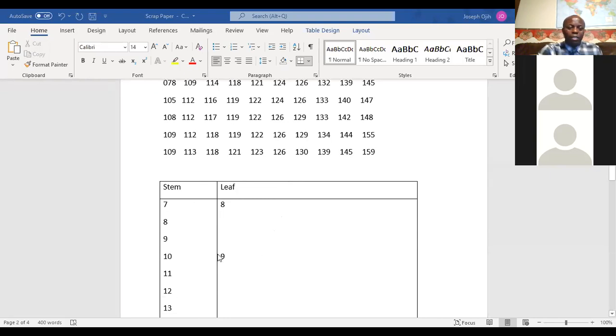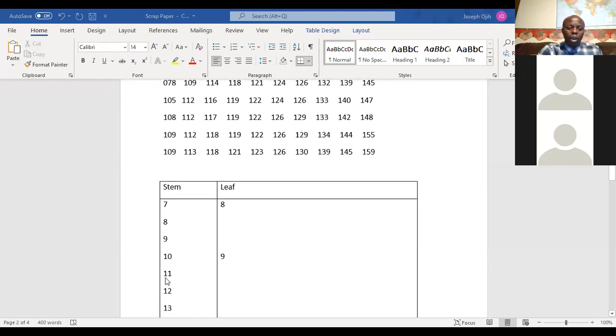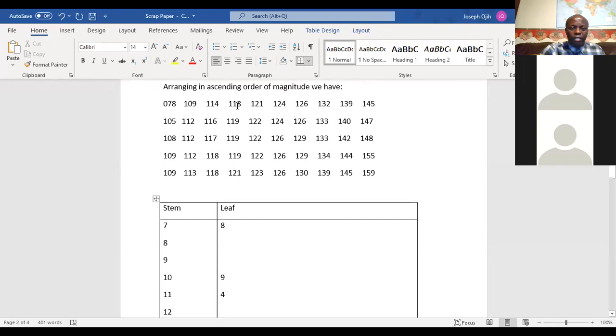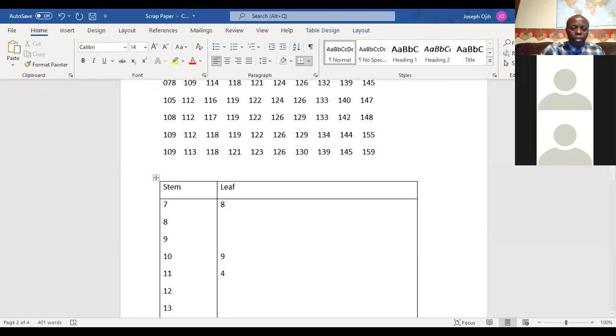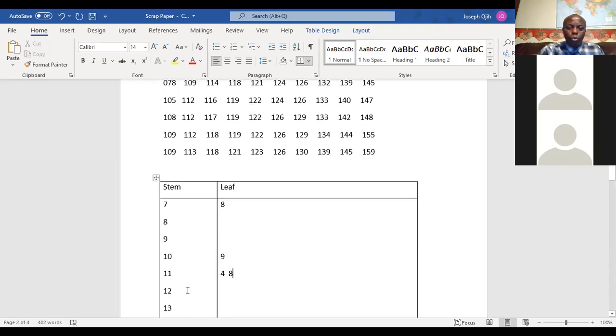Exactly. Okay, so next is 11, 114. See 1, 1, put 4 right here. Then the next is 118. I usually give 2 gaps. 8. I have 121. That will start from 12. So 121.